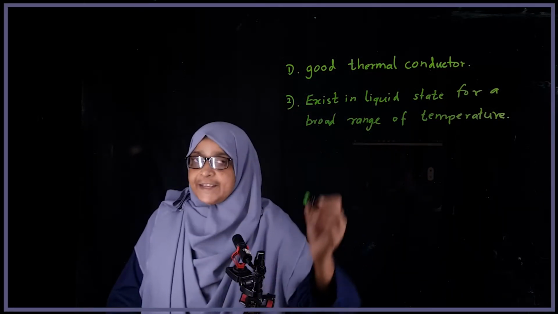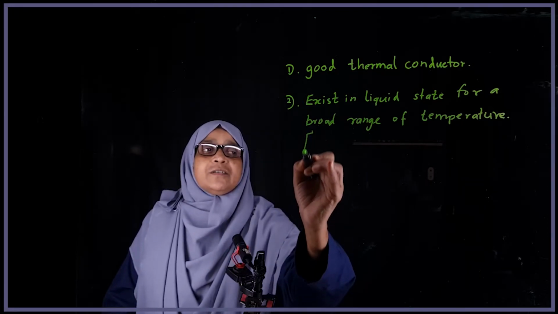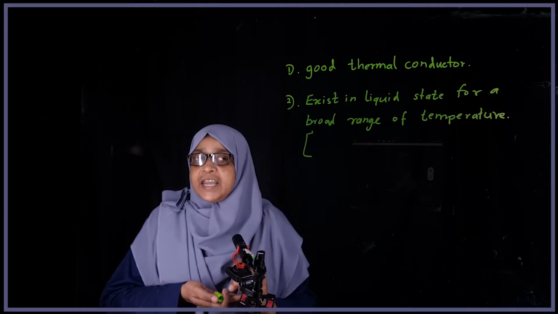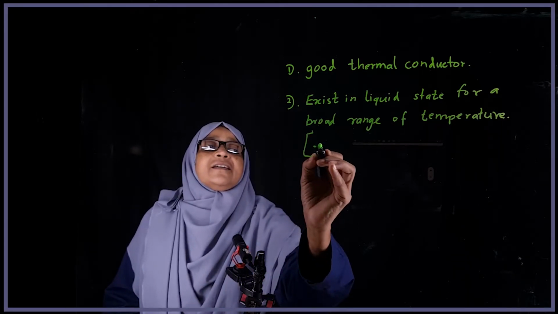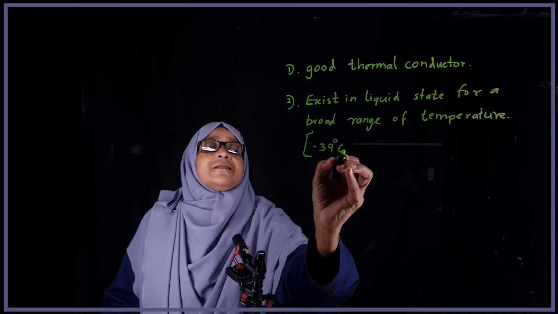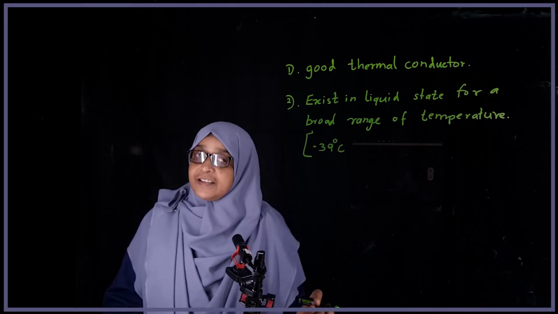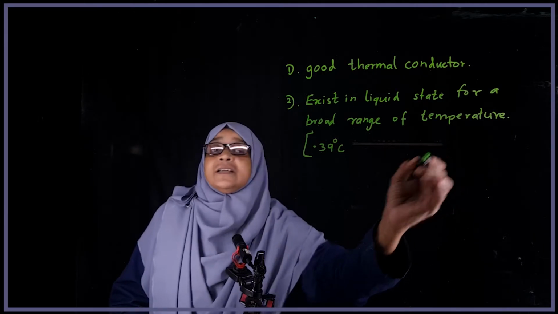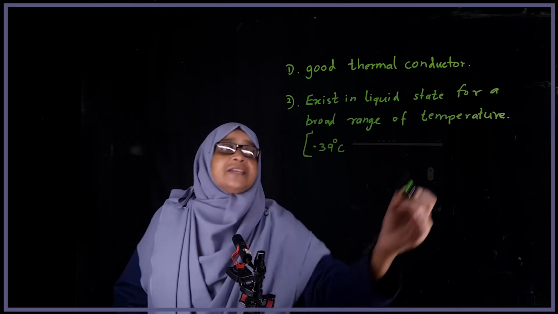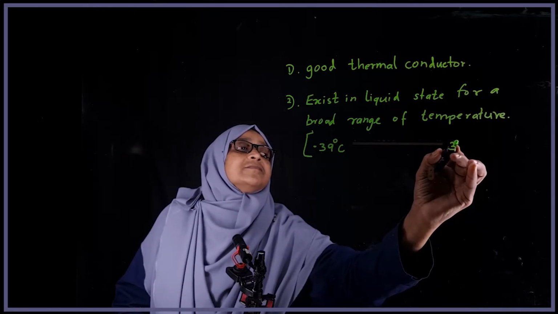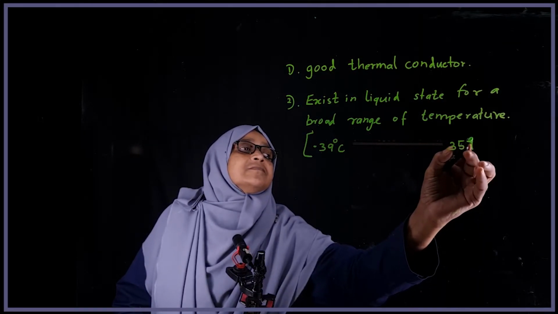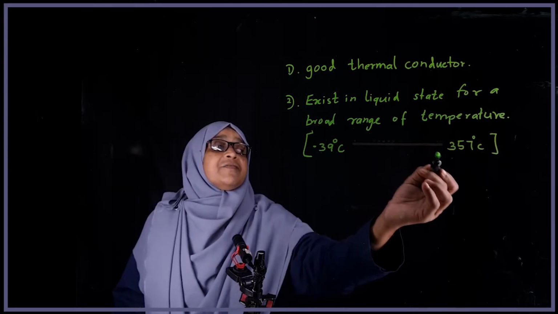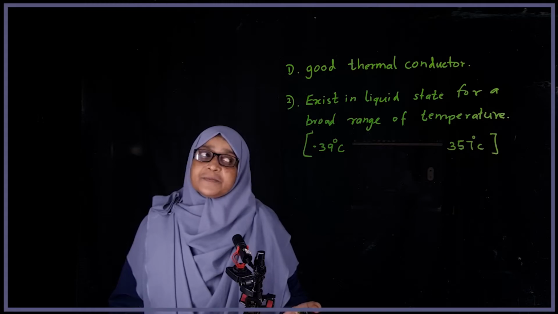This broad range, we know the melting point of mercury is minus 39 degrees Celsius. And the boiling point of mercury is 357 degrees Celsius.